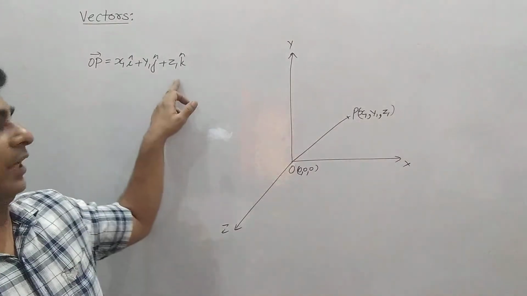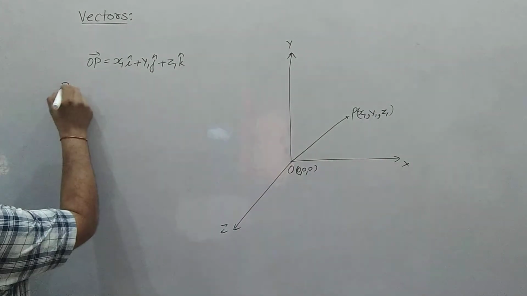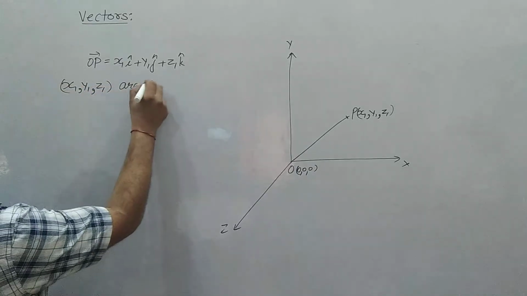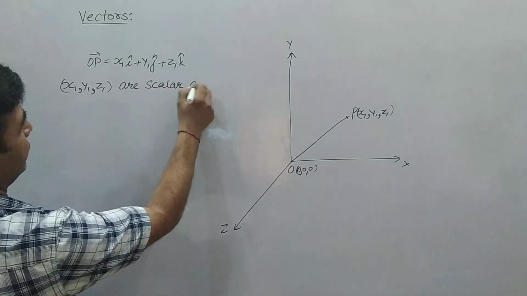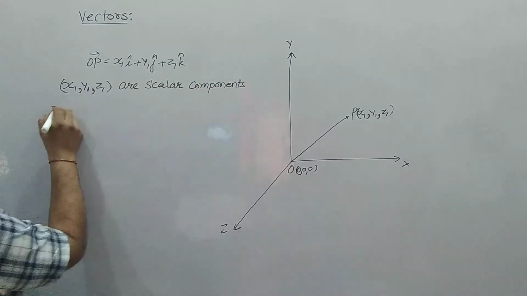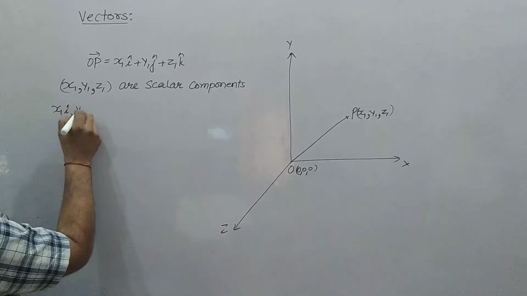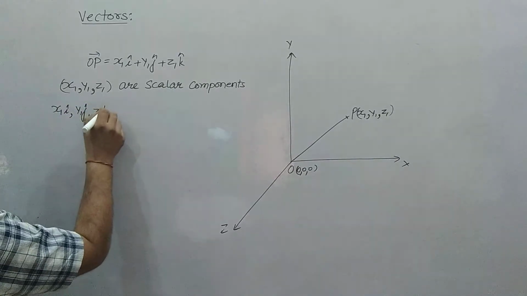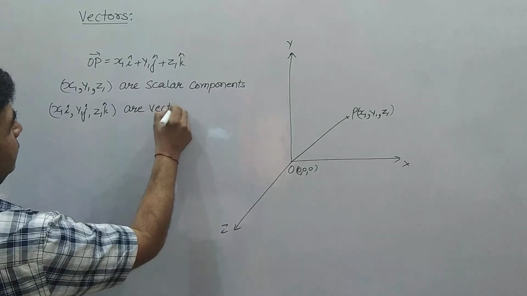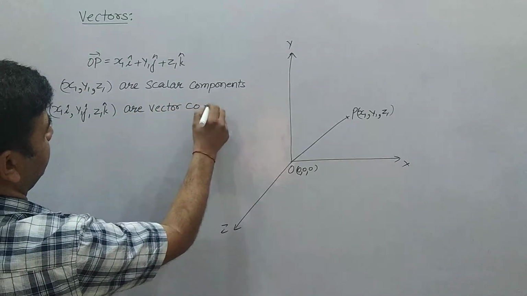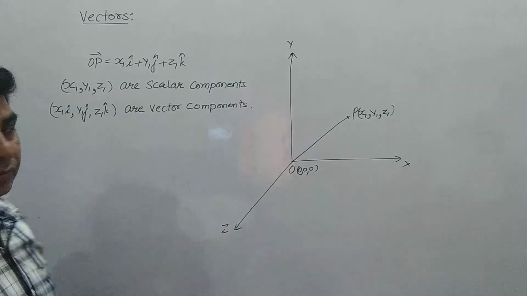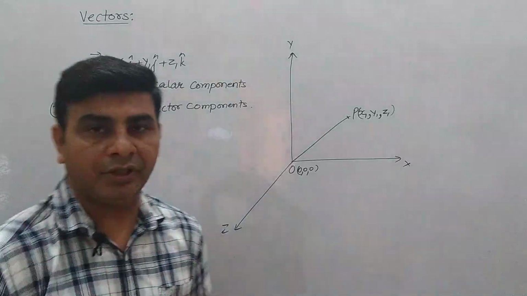Now x1, y1, z1 are known as the scalar components, and x1 with i cap, y1 with j cap, z1 with k cap are known as the vector components.